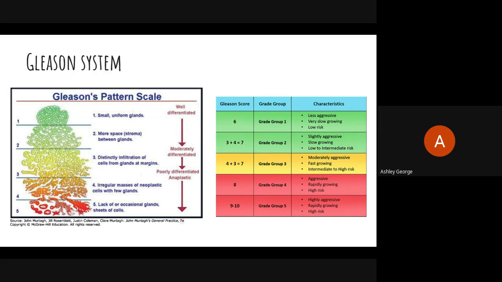So the predominant pattern that we're seeing is this third row over here on the left side, with the fourth row also prevalent, but not the predominant one. So that would indicate a score of 7, but it's still considered a low grade prostate cancer, versus if the predominant pattern is a 4 instead of a 3, that's where we start to get into the more intermediate risk level. So it's moderately aggressive and can be fast growing.